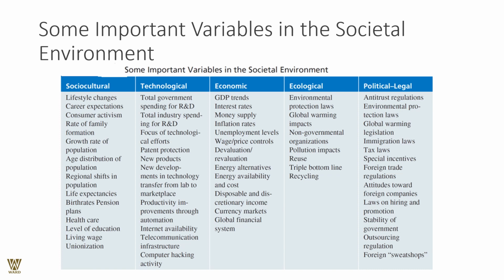Economic-wise is GDP trends. Now, GDP is gross domestic product. It is the overall product of the economy of a particular country. So the things that would come under the economic environment are the GDP trends, interest rate, money supply, inflation rates, unemployment levels, wage and price control, devaluation, revaluation, energy alternatives, energy availability and cost, disposable and discretionary income, currency market, global financial system, and so on and so forth.